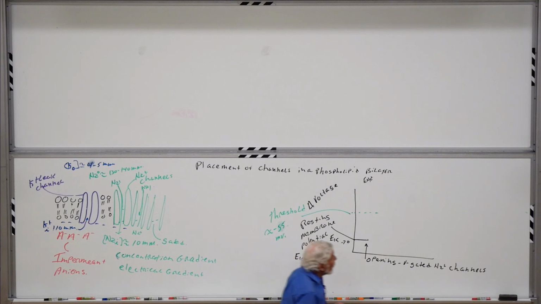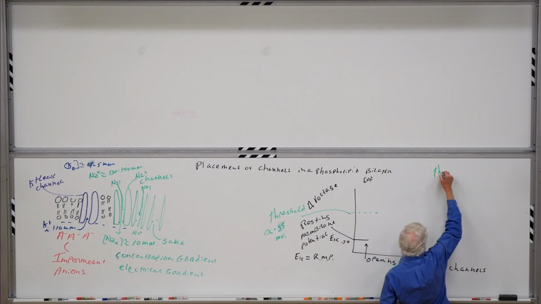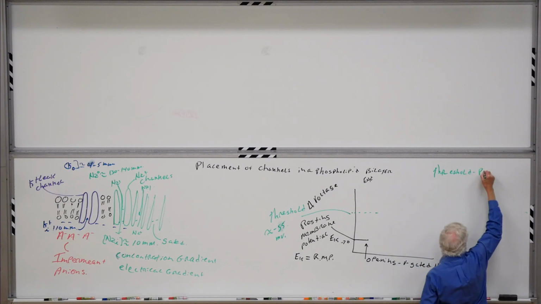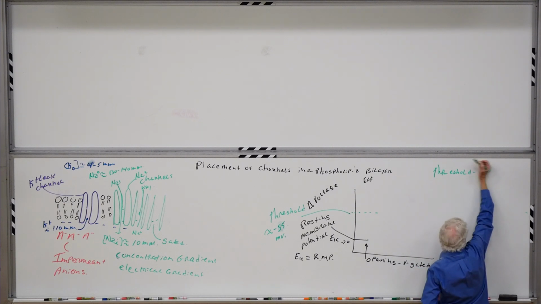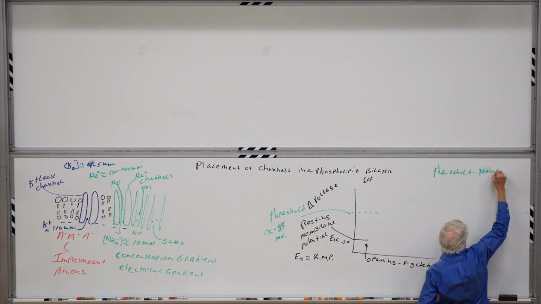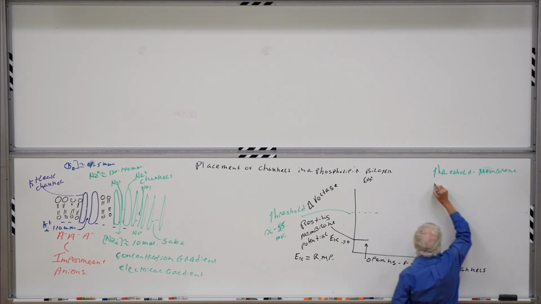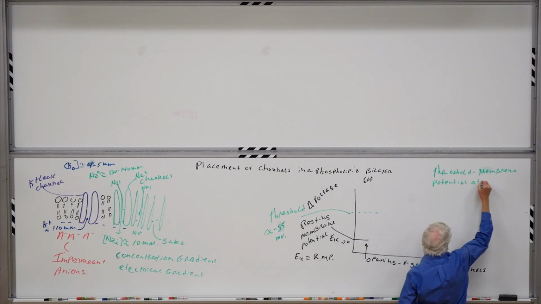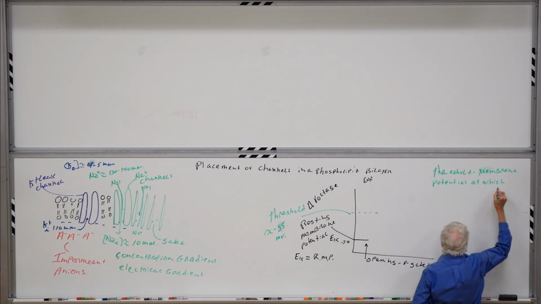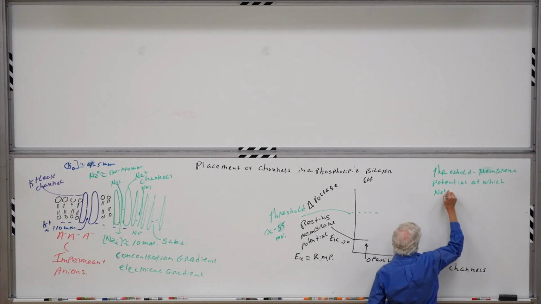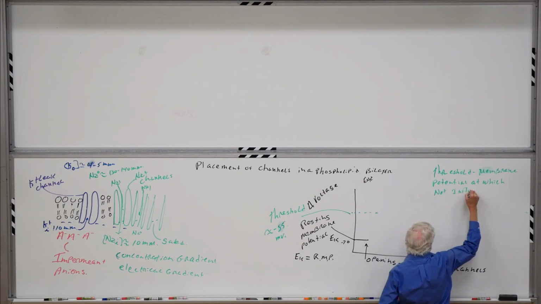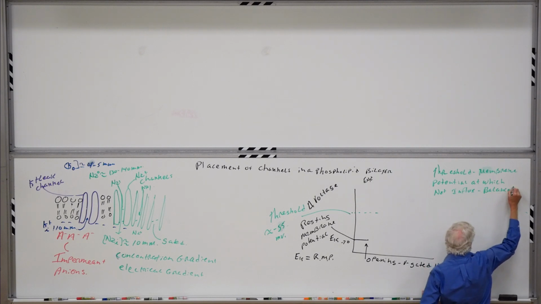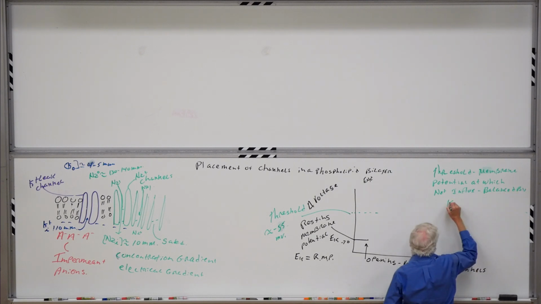We can define threshold as the membrane potential at which sodium influx is precisely balanced by potassium efflux.